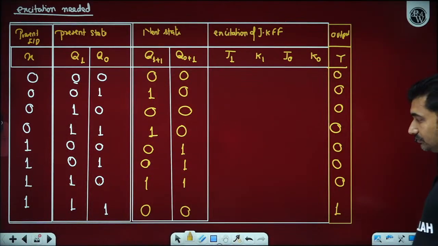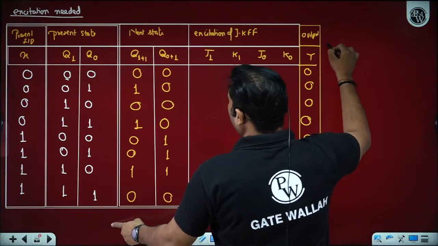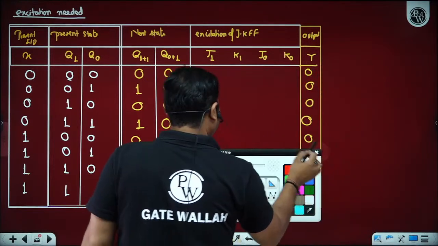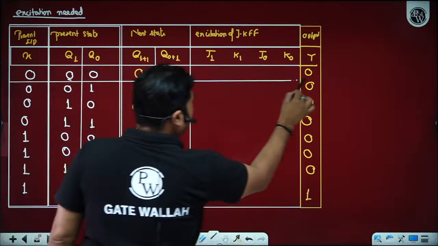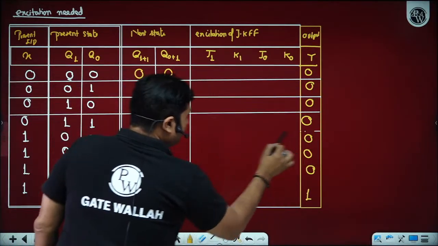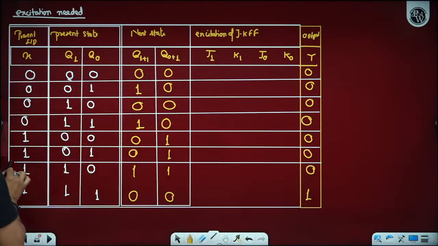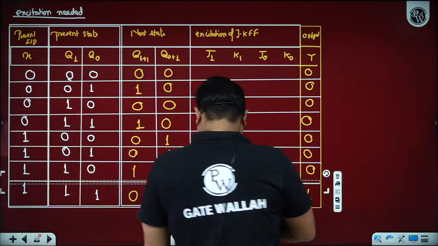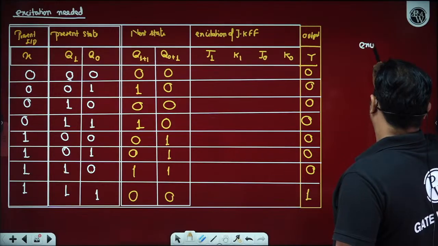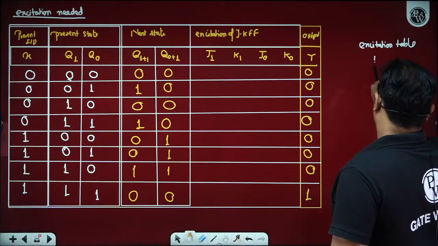Now, beta ji, we need to write down the excitation required on the JK flip-flop. For that, we must know the excitation table of the JK flip-flop. I'm writing the excitation table of the JK flip-flop roughly.